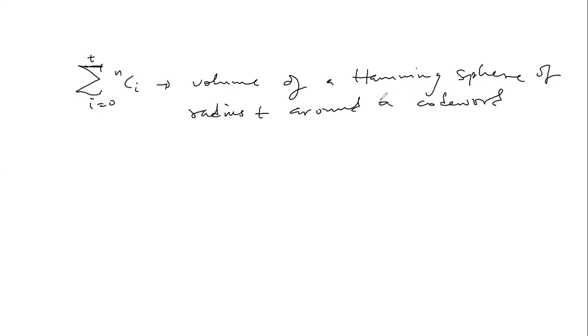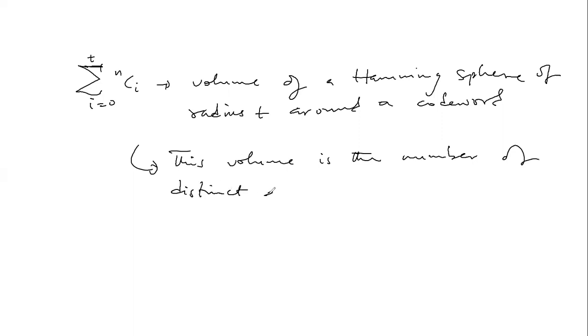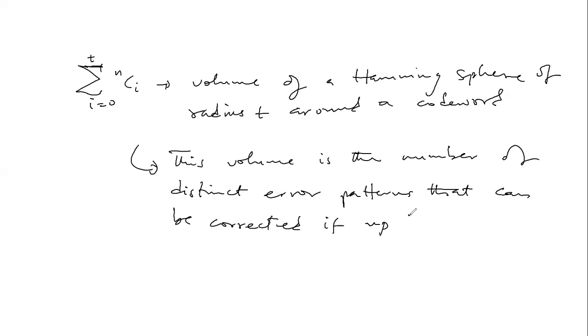So this volume is the number of distinct error patterns that can be corrected if up to t errors occur.